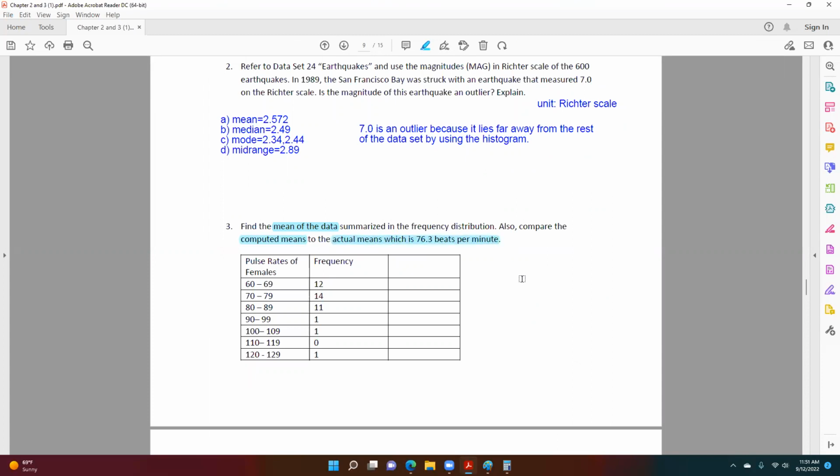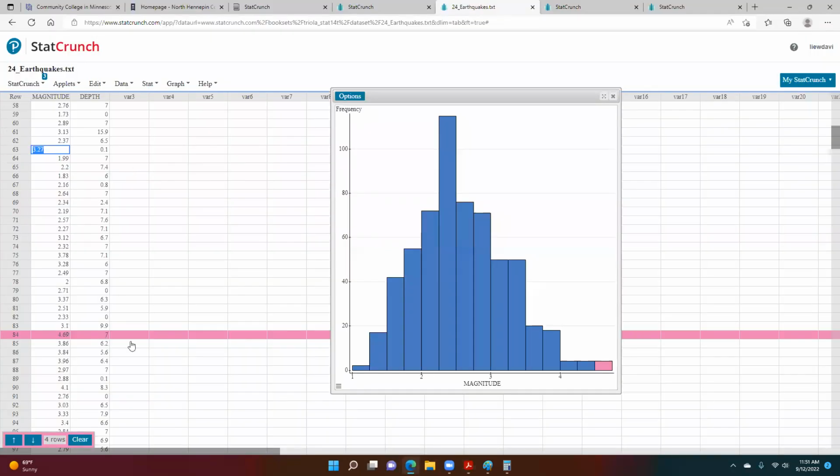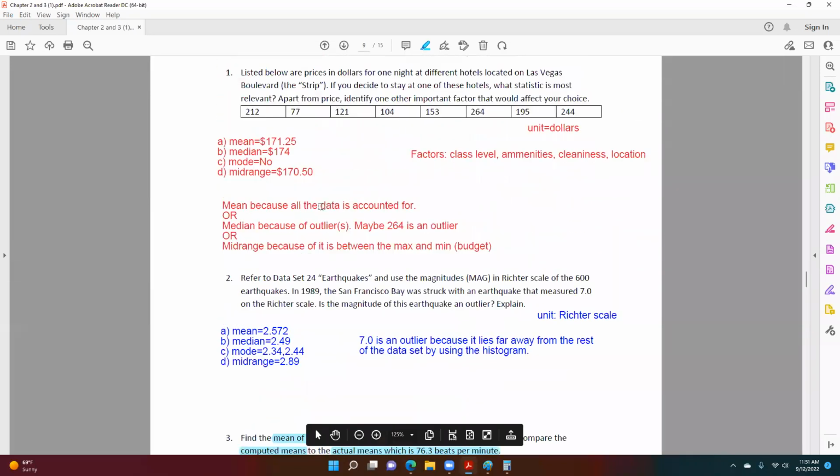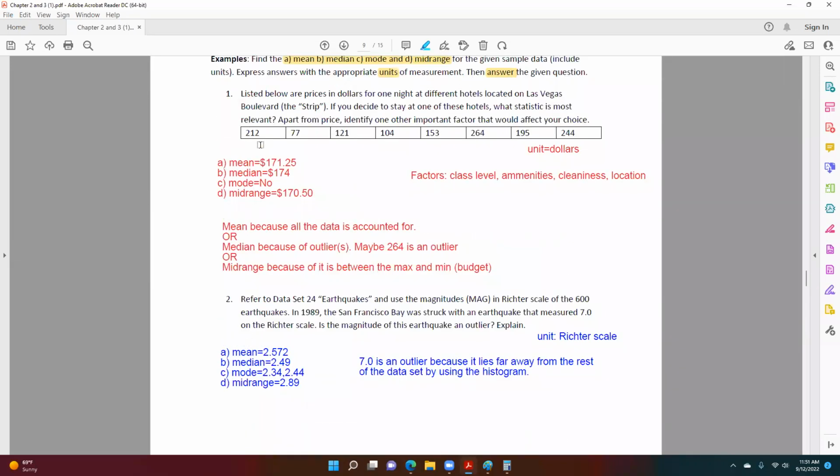What is an actual mean? The actual mean is where the question provides you all the data like this, and you just add them all up and divide by how many people we have. That is what we call the actual mean. So the means we calculated in questions 1 and 2 are actual means, because we add them all up and divide by the number of values.